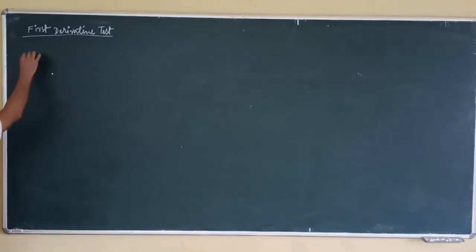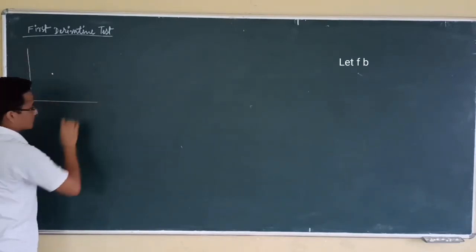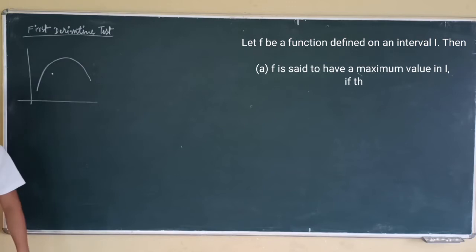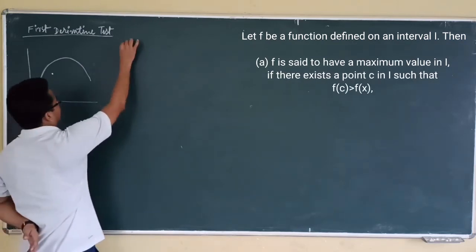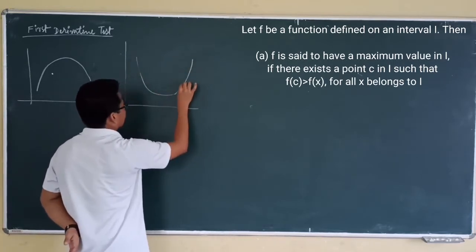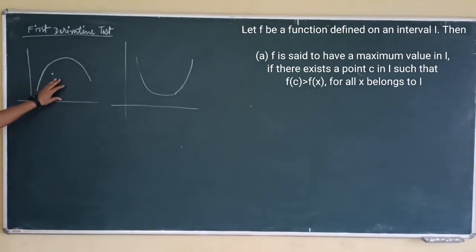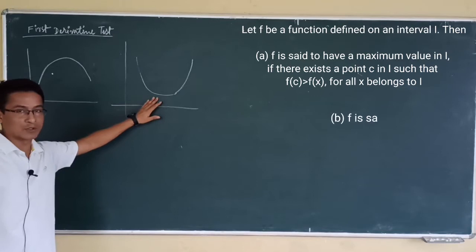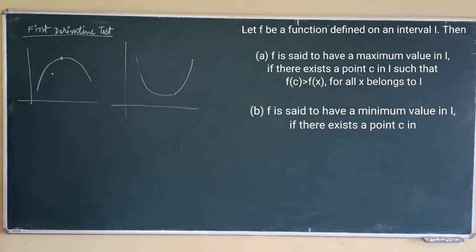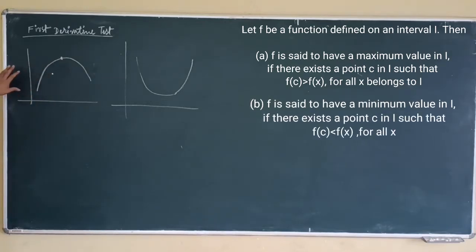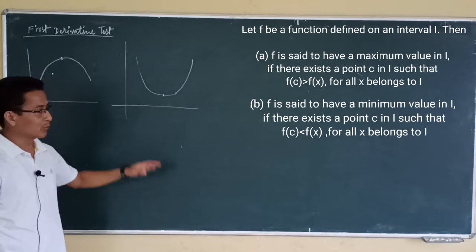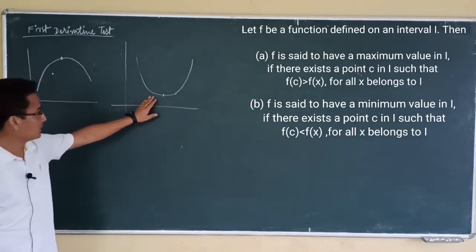If a function is like this, and I will draw another function which is just the opposite of it, then at the peak point, the extreme point, we get the maximum value of the function, and at the bottom, the lowest point, we get the minimum value of the function.